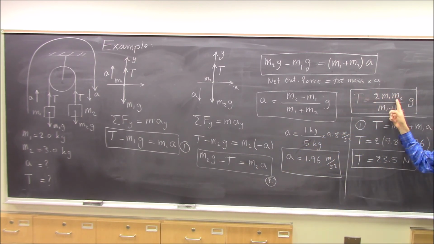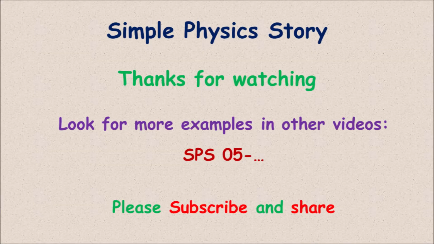And if you do it this way, 2 times 2 times 3 divided by 5, which is 12 divided by 5, is 2.4, times 9.8 is 23.5. Thank you very much for watching this video.